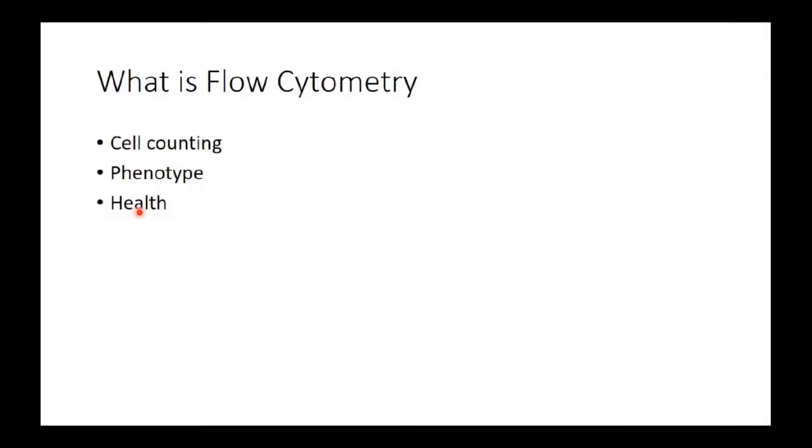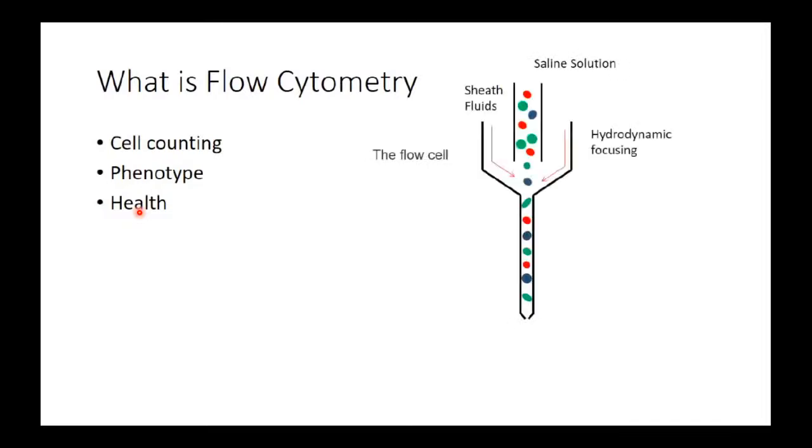How does it work in general? First, in a flow cytometer, I have something called the flow cell. In the flow cell, we add our cell mixture. Then I have the sheath fluids. The sheath fluids apply something called hydrodynamic focusing. The hydrodynamic focusing of the sheath fluids will send the cells one by one through the flow cytometer tube.